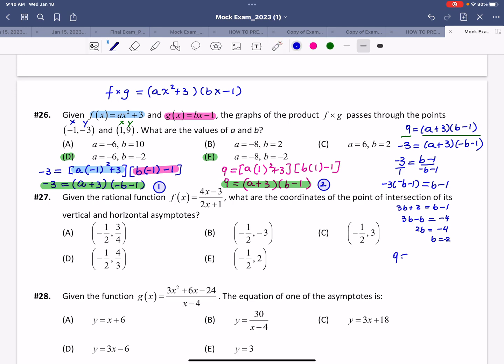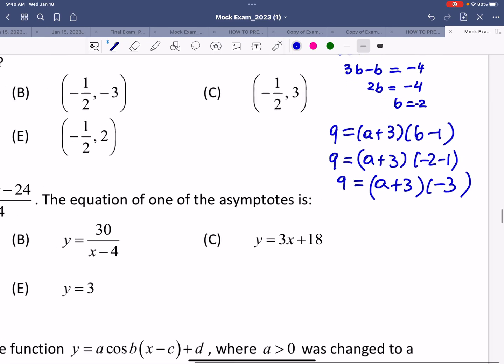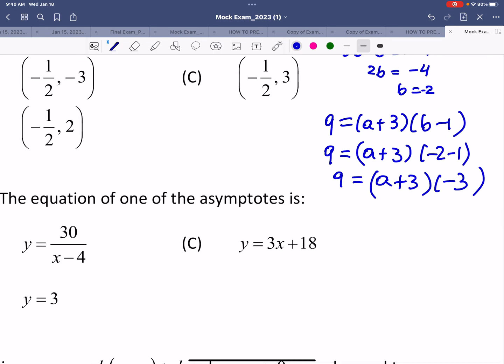So if 9 equals a plus 3 times b minus 1, it means that 9 equals a plus 3 times negative 2 minus 1. So 9 equals a plus 3 times negative 3. I'm showing all the steps here because I don't want to lose anyone if you are following the calculations.